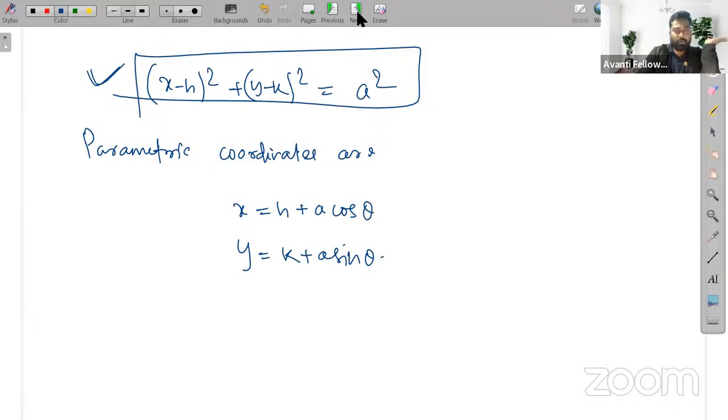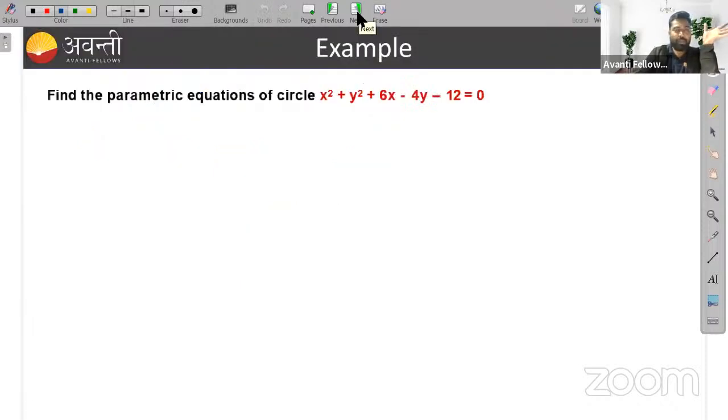Okay, next you have an example. Find the parametric equation of this circle. What are the parametric coordinates? x is equal to a cos theta and y is equal to a sin theta when the center is at the origin. But if you have the equation like this, how can you find it? Can I write this in the last form? Yes.